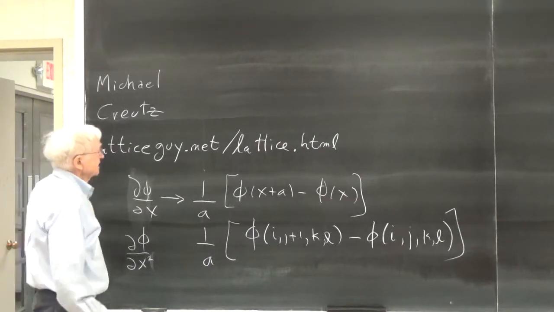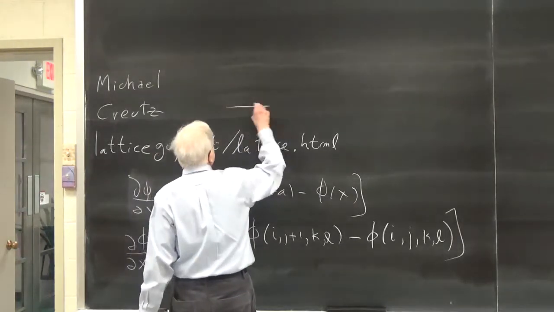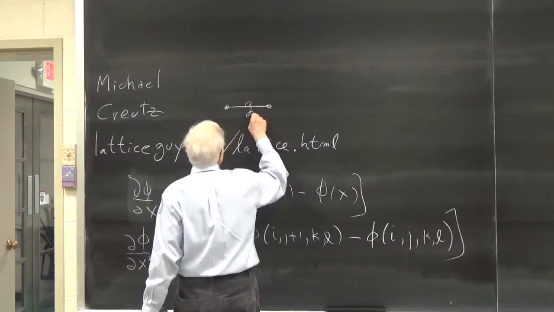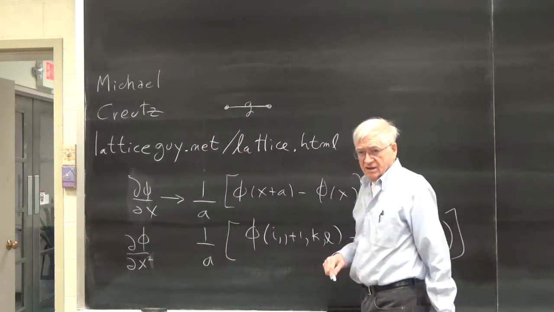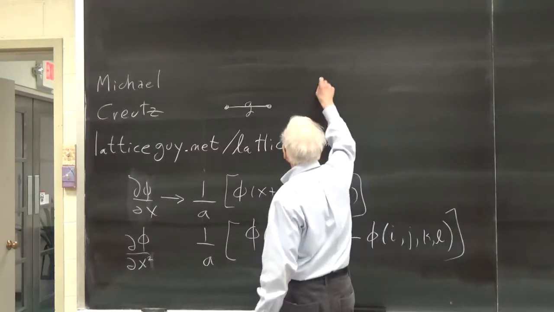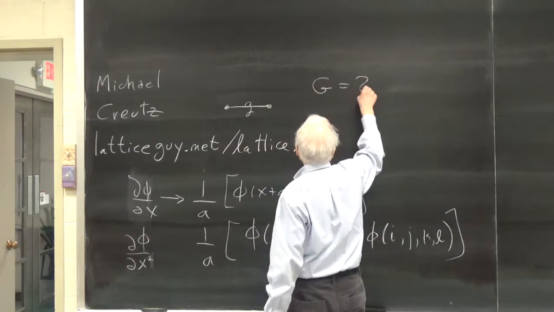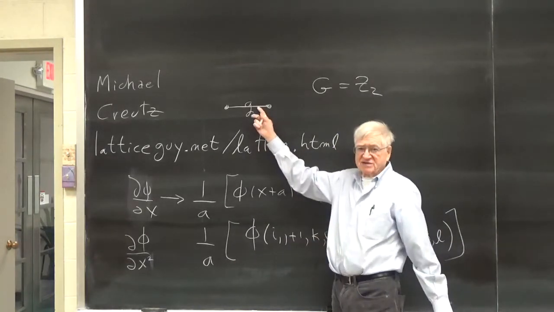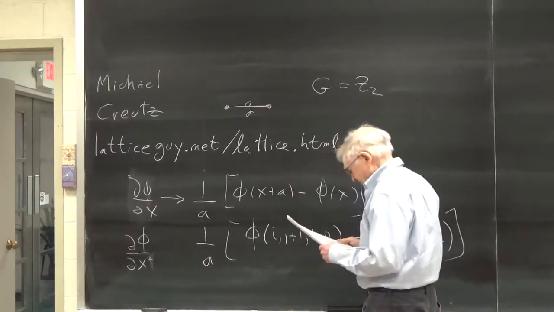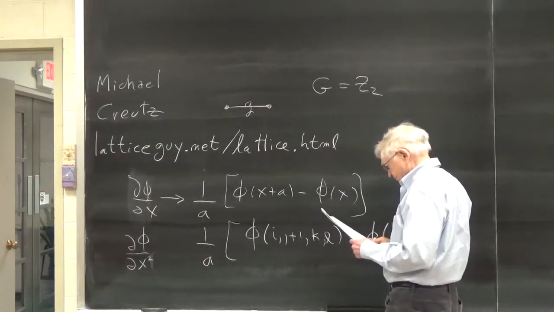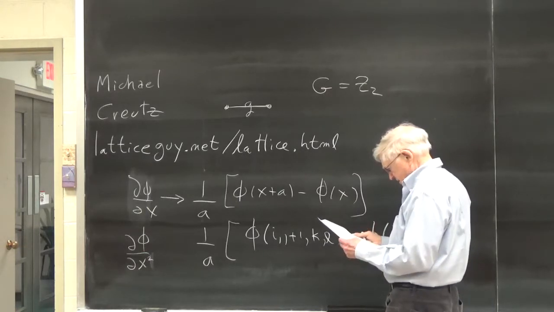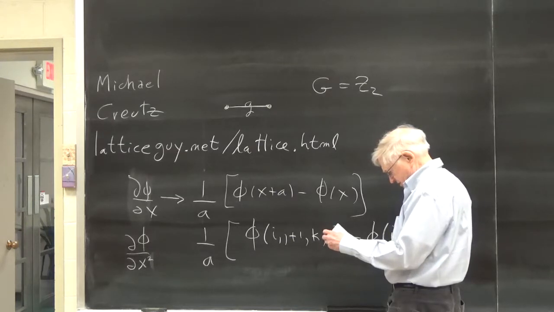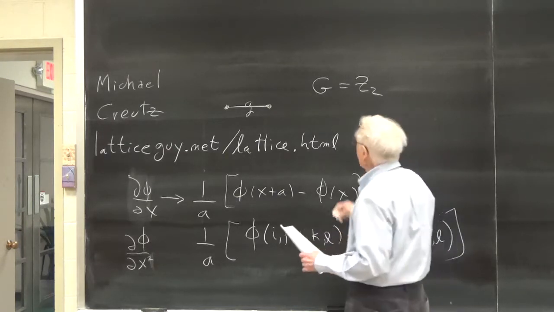In particular, what you do is you put on each link of a lattice a group element, let us say G. And if the group G is just, let us say, Z2, then what you're doing is you're just putting plus or minus 1 on that link.